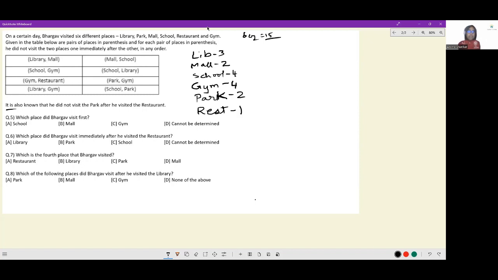Now, the locations for which we have the maximum information are school and gym. See, if these are the 6 spots, if you came on spot 2, you will be next to spot 1 and spot 3, so there will be 3 that will not be next to you.